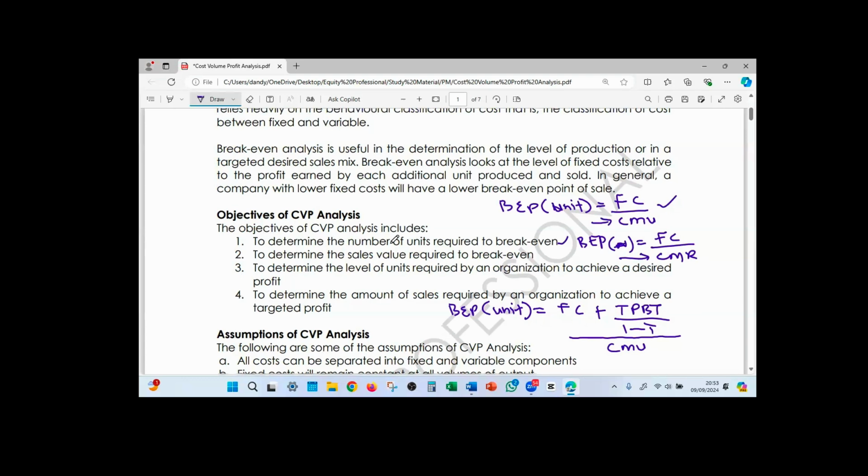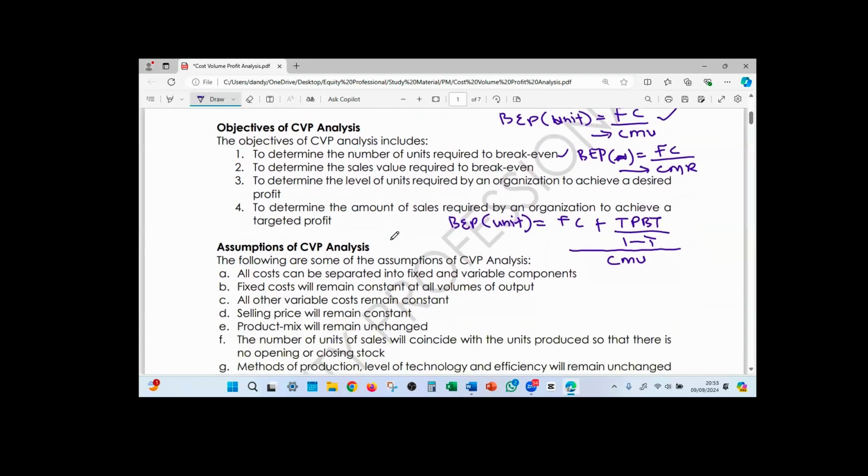The last objective is to determine the amount of sales required to achieve a targeted profit. So in this one too, I would say break-even points in naira to achieve a targeted profit before tax.